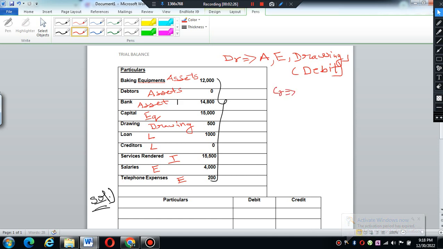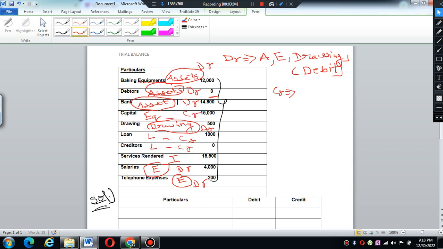Debtors is an asset, so debit side, no matter that the amount is zero. Bank is also an asset, debit, drawing on the debit side, and these expenses are also on the debit side.